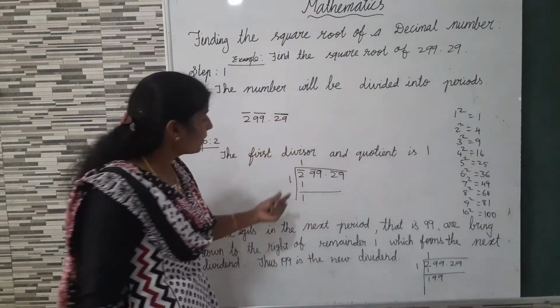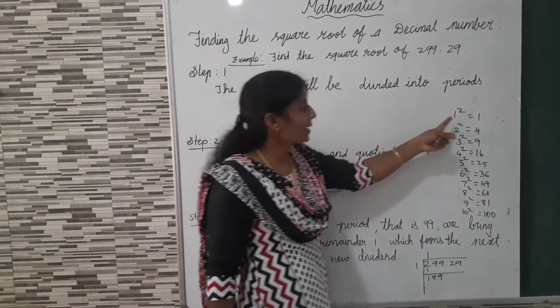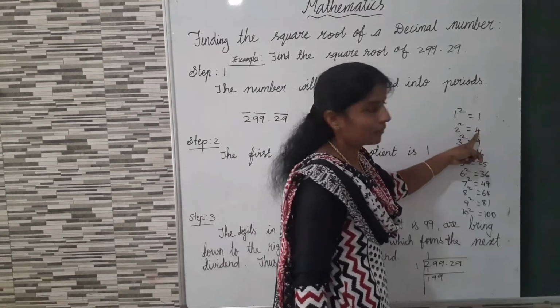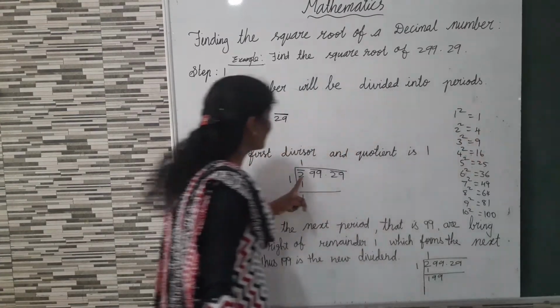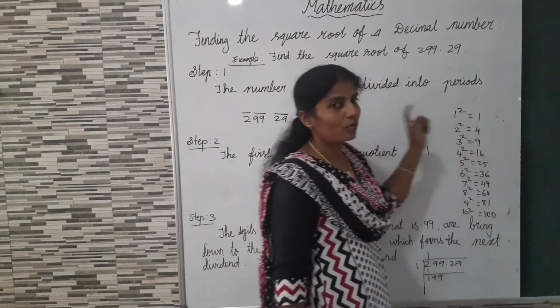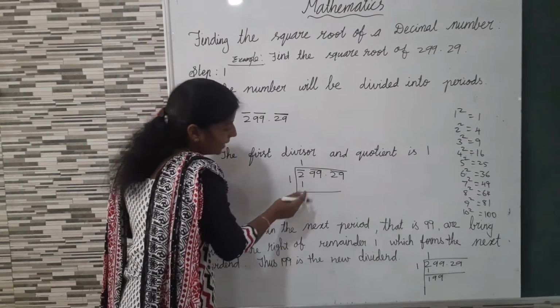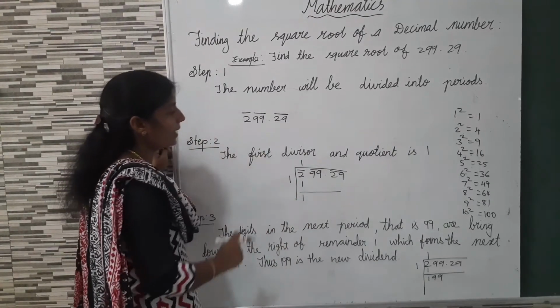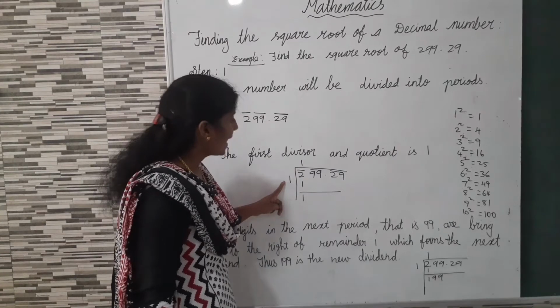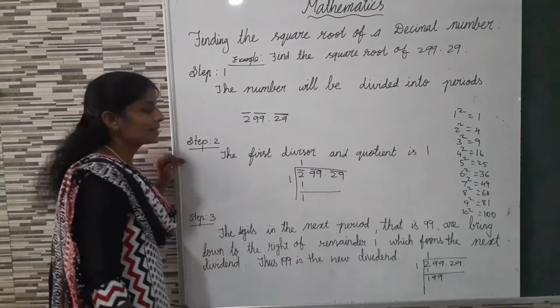Now here the first period is 2. 4 is more than 2, so we can't take this. So we take 1 square, 1 into 1 is 1. Remainder is 1. The first divisor and quotient are also 1. This is the second step.